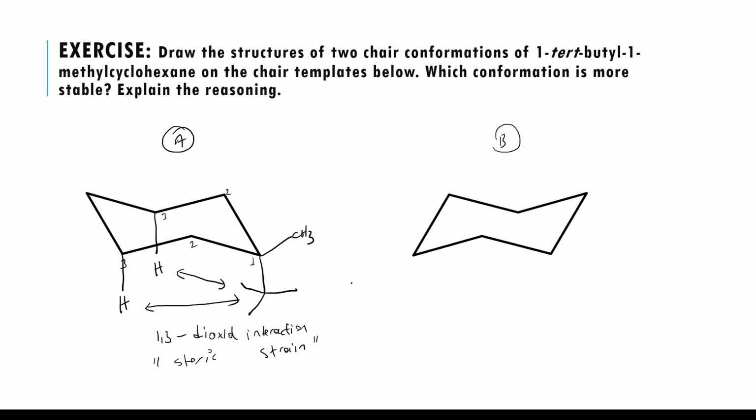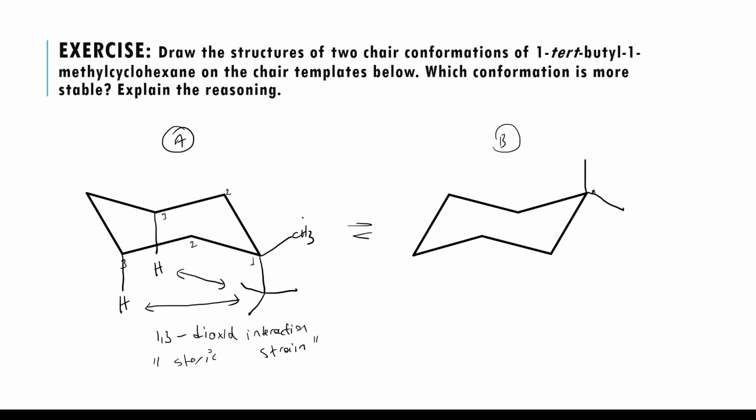We know that cyclohexanes undergo ring flip process, and as a result of ring flip process, the axial positions will move to equatorial positions, and equatorial positions or substituents will move to axial positions. So number one carbon will be here now. If we flip this one up, so this is my carbon that will be pointing downward before the flip process, and we will have again an axial position and an equatorial position.